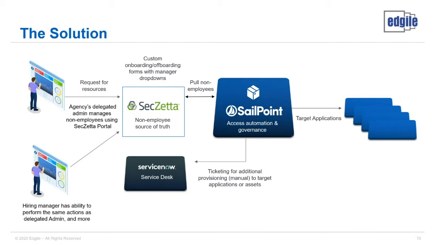That means taking all of that information, provisioning to target applications, understanding exactly what access they need, potentially communicating with ServiceNow to open service desk tickets so that we can handle some of the more manual processes of getting equipment ready or having badges created, right? There are all sorts of ways that SailPoint can interact with those target applications.